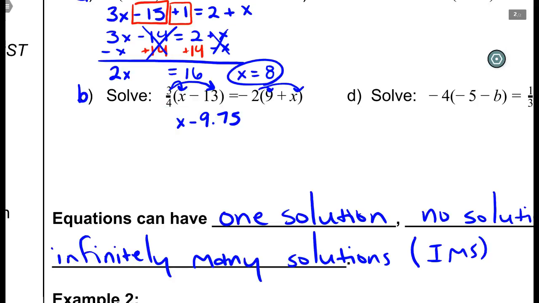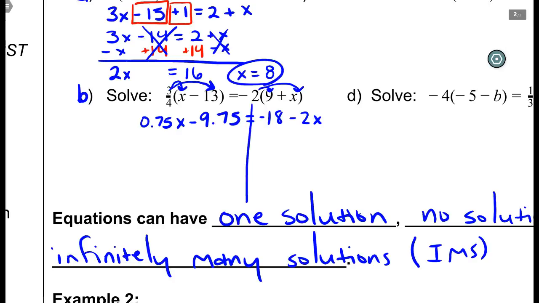And let's go ahead and just convert that to a decimal term. So 3/4 is 0.75. All right, negative 2 times 9 is negative 18. Negative 2 times positive x is negative 2x. So there we go.